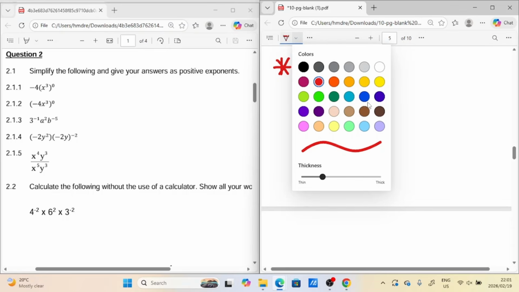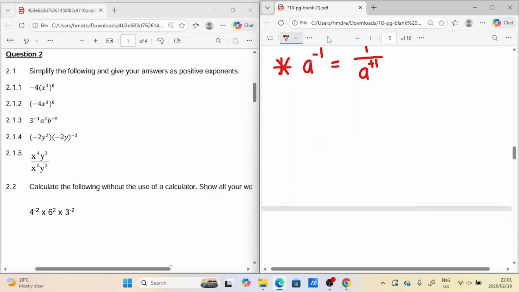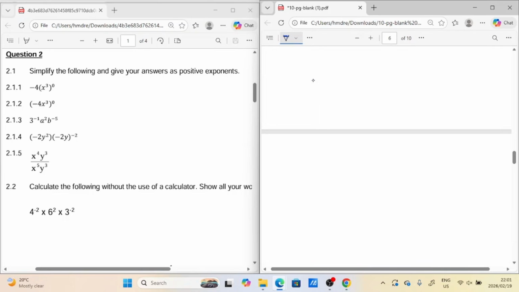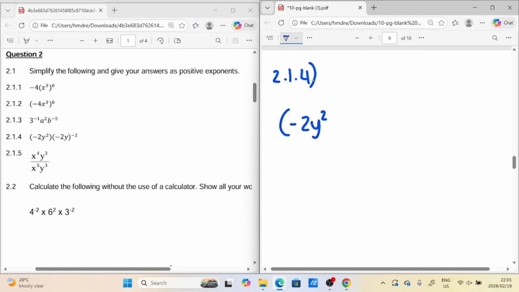2.1.4. We have got minus 2y squared, minus 2y, minus 2.